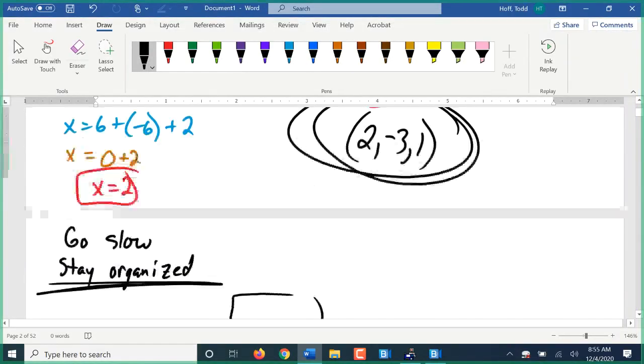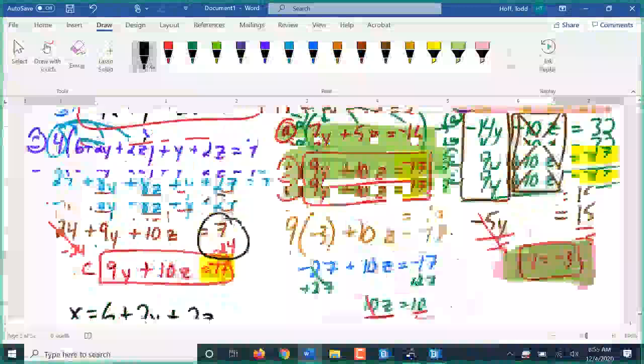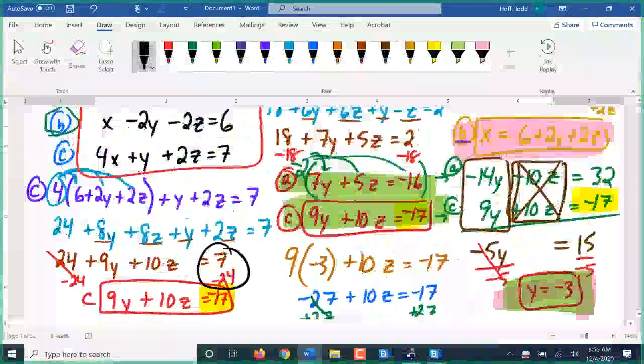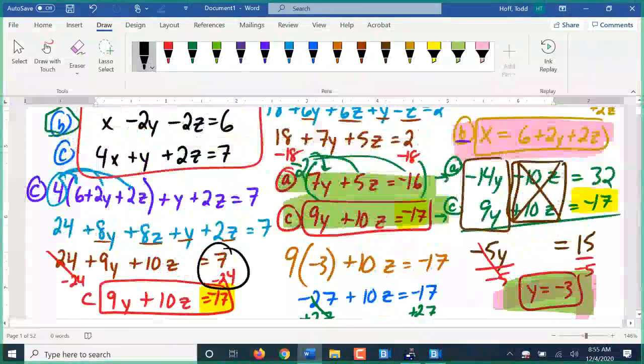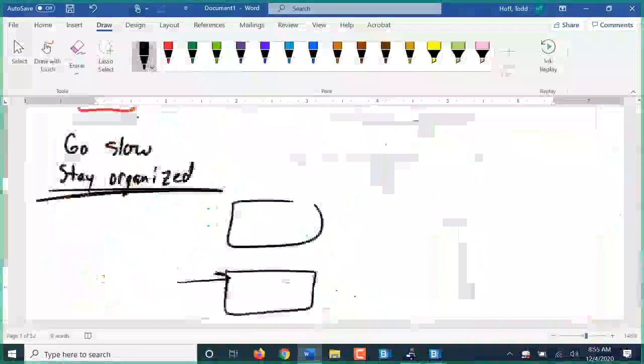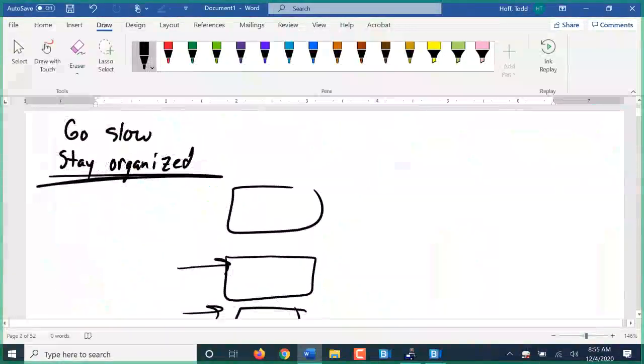The way I did them up here, it would be tough to follow my steps because I didn't go in a straight linear fashion down the page there. So staying organized helps you, if it doesn't work out, to go back and go through your work.